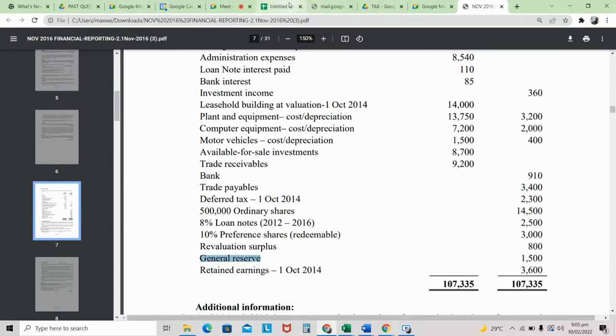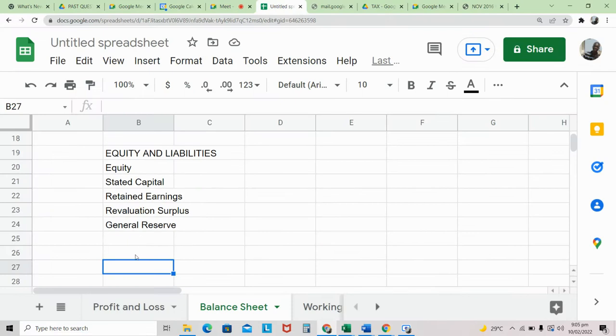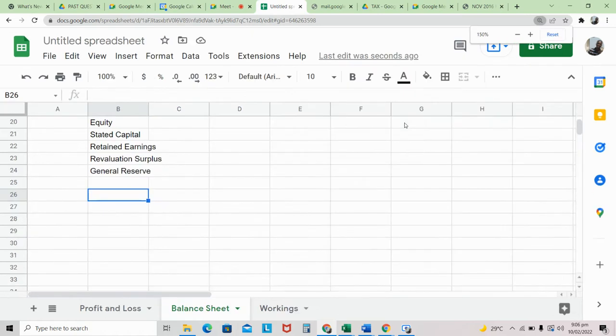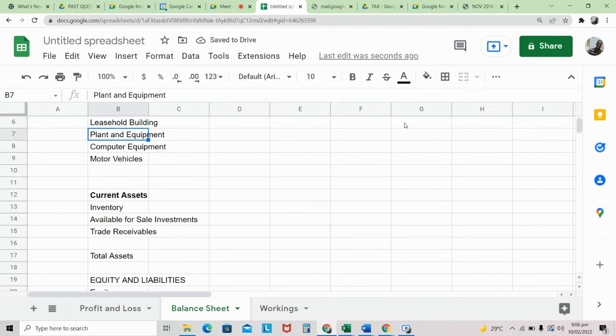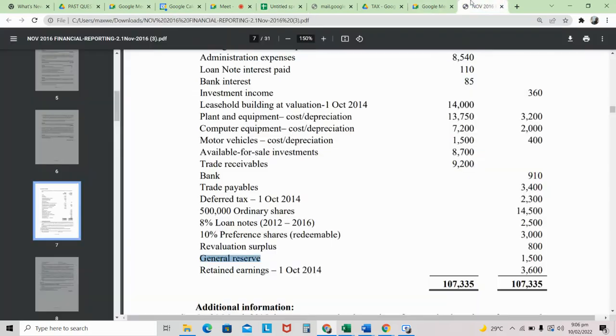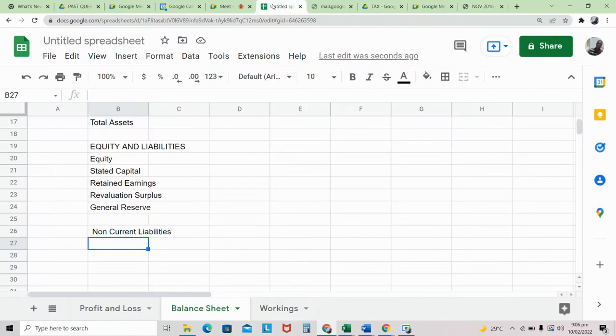All right, now let's go to non-current liabilities. For non-current liabilities, we have 8% loan notes, 2012 to 2016.